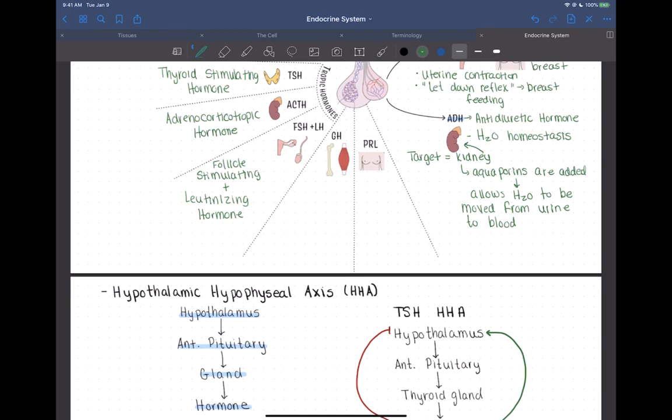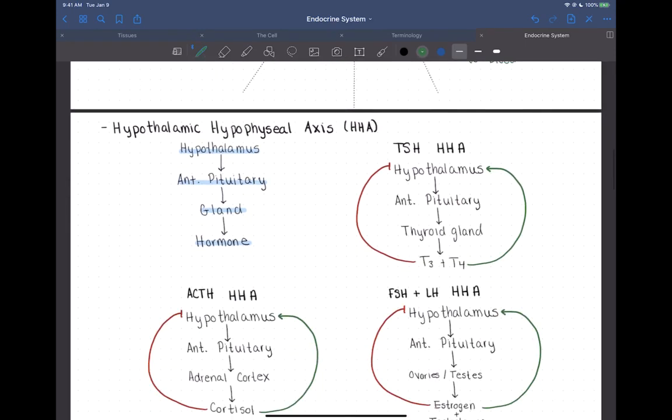All right, and so what we'll do first is talk about it in an overview form, and then we'll go and talk in detail about each hormone and its hypothalamic hypophyseal axis, which I'll end up abbreviating HHA because that is a mouthful and it is a lot to write.